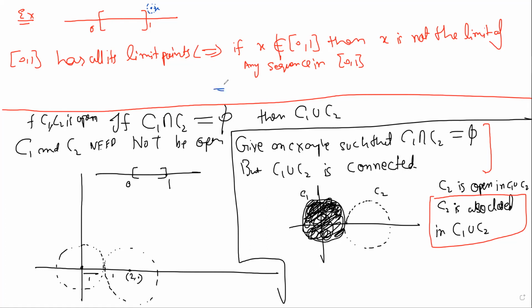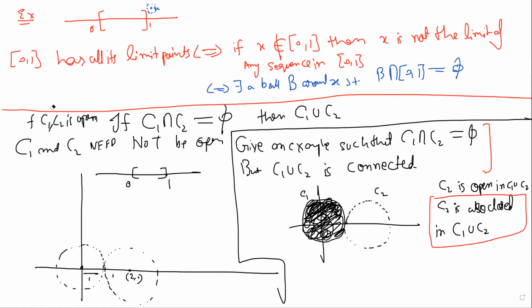So this means that there exists a ball B. It can be a very, very small ball, but there will be a ball B around x such that B intersection 0, 1 is empty. So you see, these are all the same things.